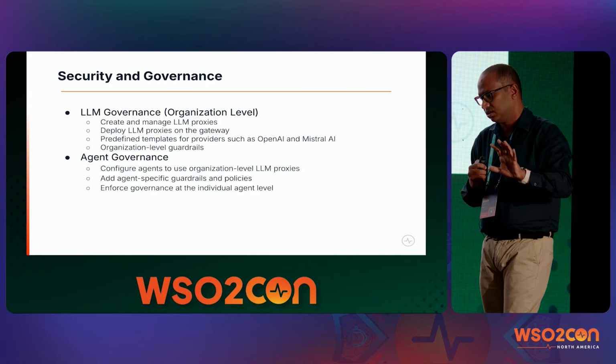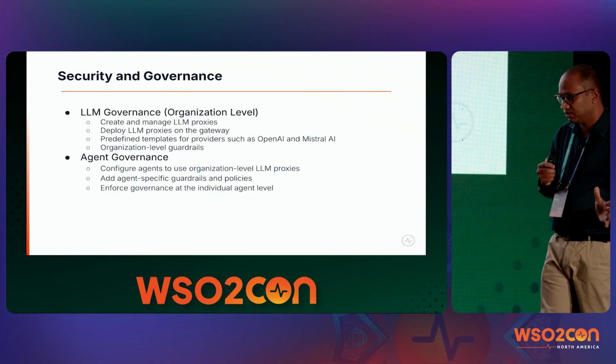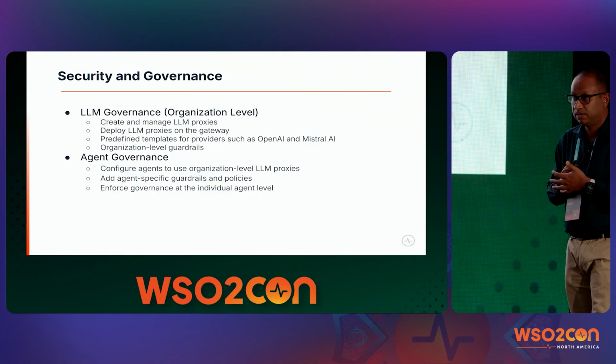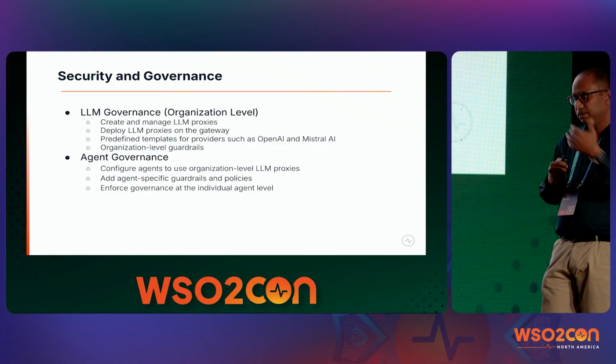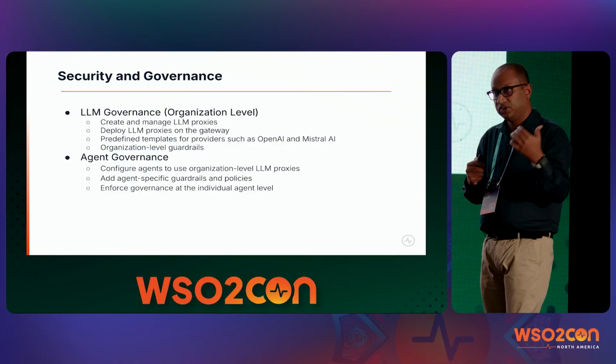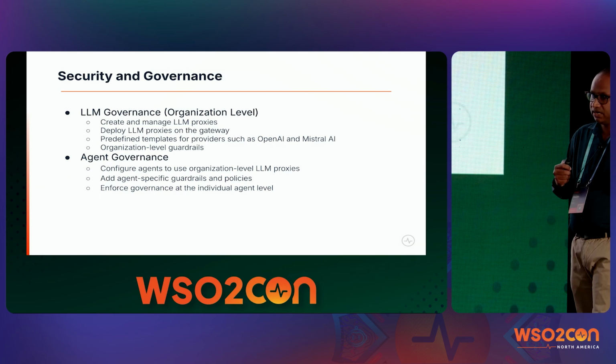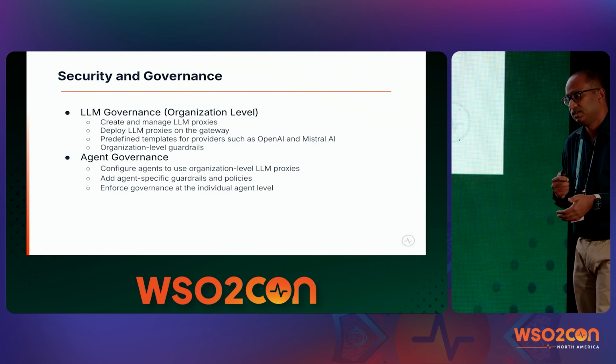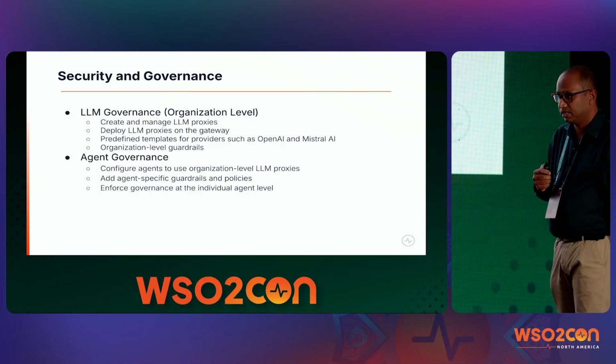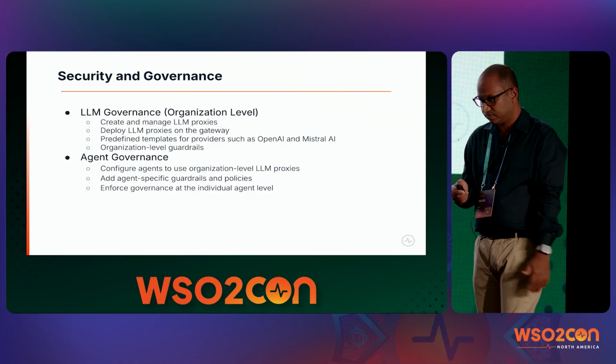So, LLM governance at the organization level, where you can create LLM proxies which will govern the LLM traffic and add guardrails, and then you can go to the agent level and add additional guardrails in addition to what's there at the LLM level.